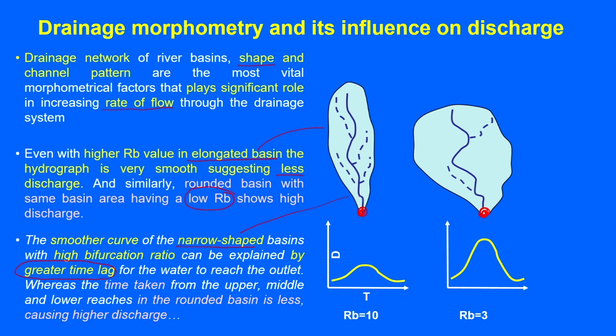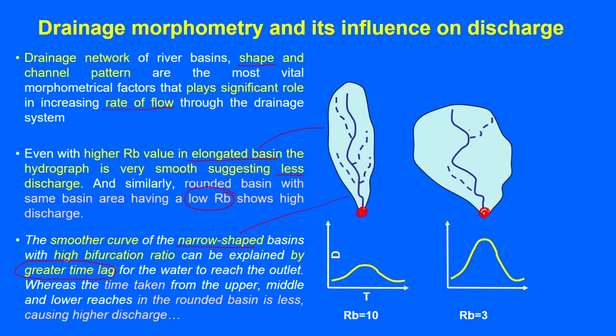So the time taken to travel, so distance is also important. The time taken to have the full amount of discharge here is comparatively more than in the rounded one. So it can be explained by the greater time lag for the water to reach the outlet, whereas the time taken from the upper, middle and lower ridges in the rounded basin is less, causing higher discharge.